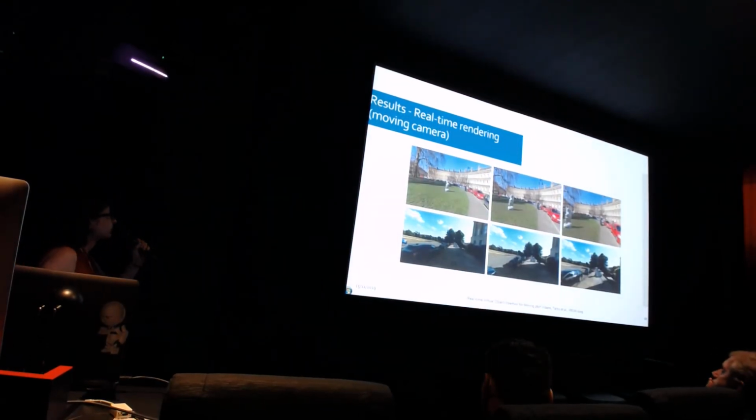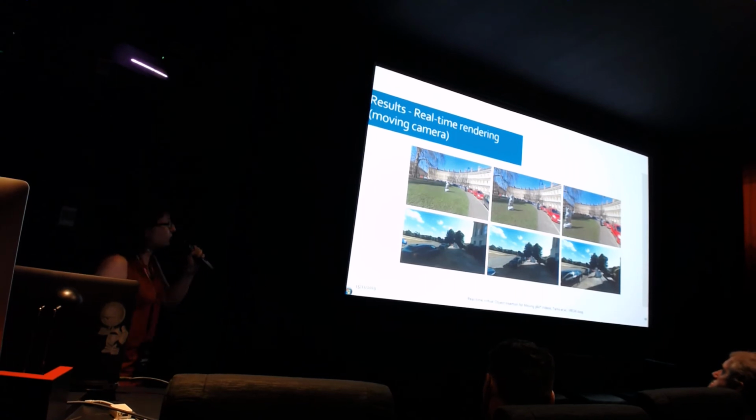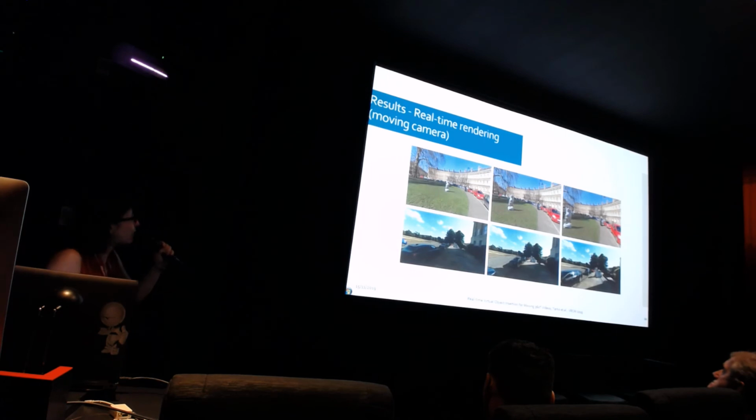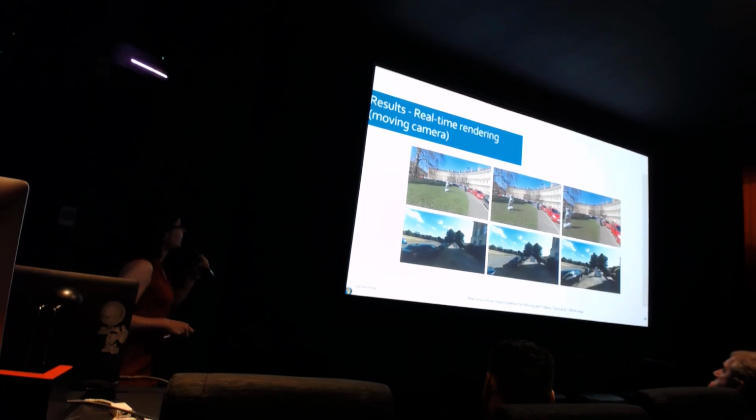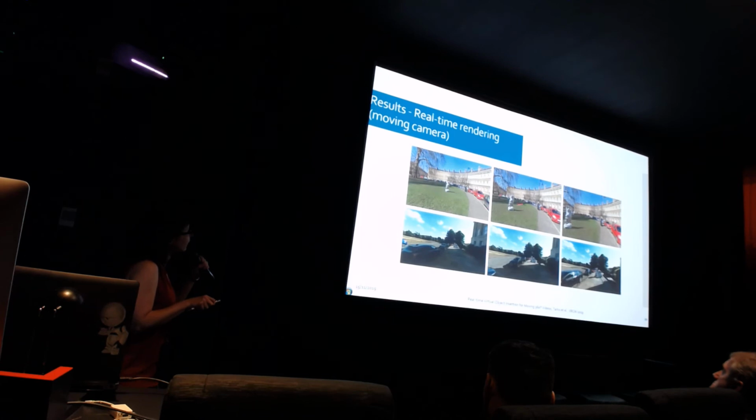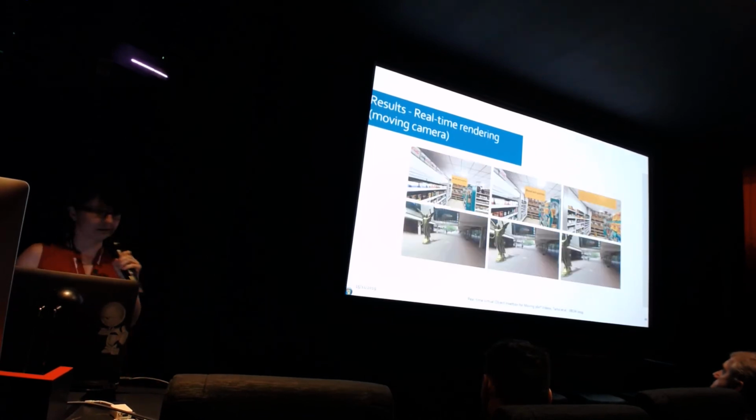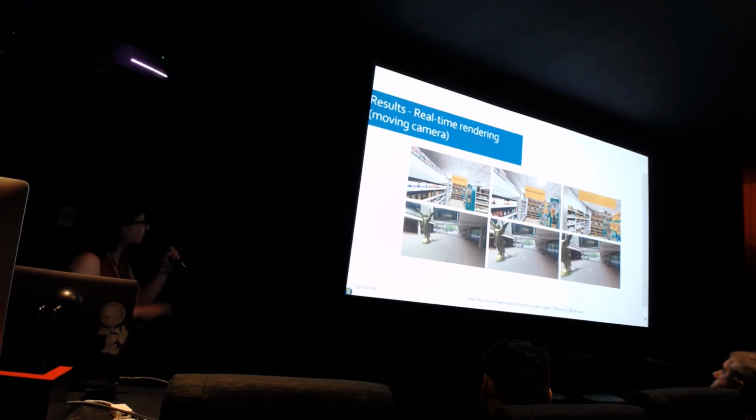And here are some frames from the video. There will also be a video showing the results later. So here's the camera moving towards the object, and the object stays in place. And also some other videos, also the synthetic one I mentioned before.